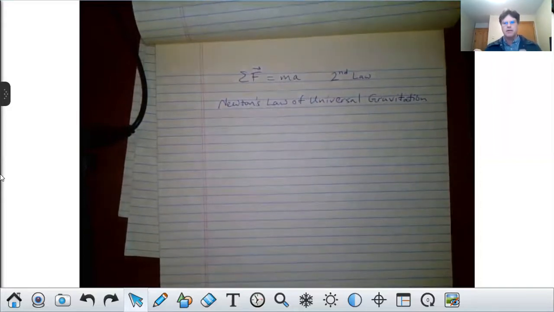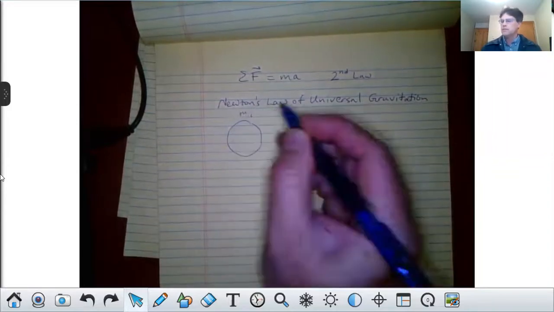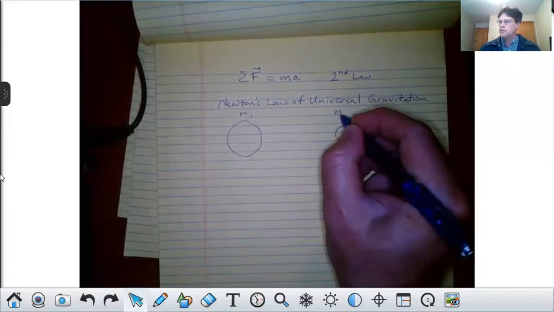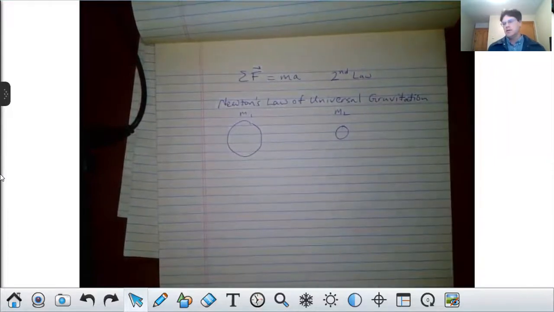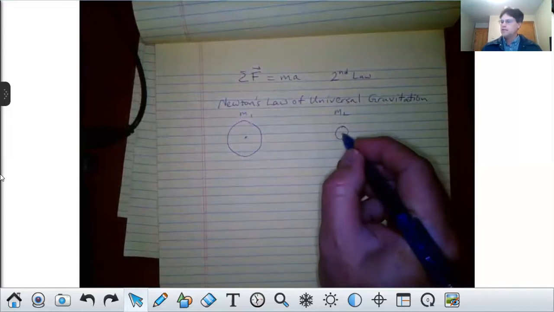And so we're talking about the force between two masses, say M1 and M2. So maybe mass 1 is the Earth and mass 2 is the moon. Or it could be mass 1 is me and mass 2 is the desk. The idea that it's a universal law means that it works for any two masses, no matter what they are, right? Now, we'll also have a distance between the masses.